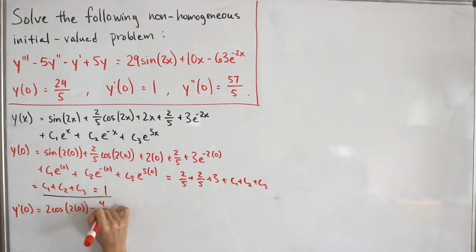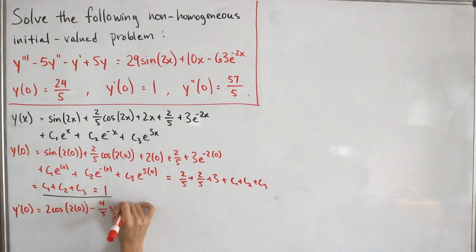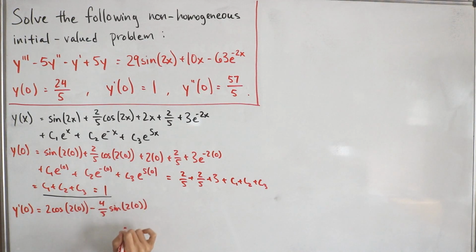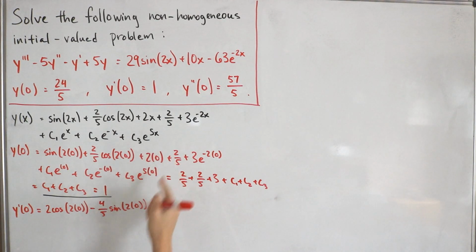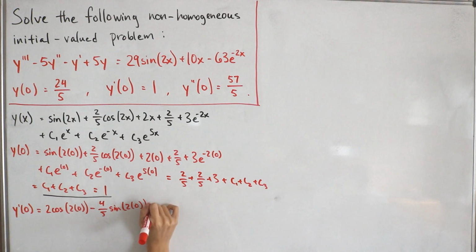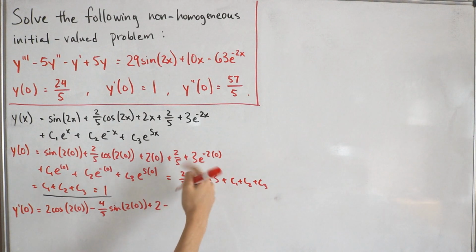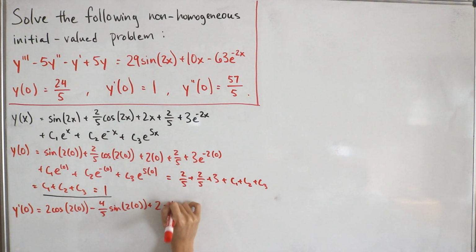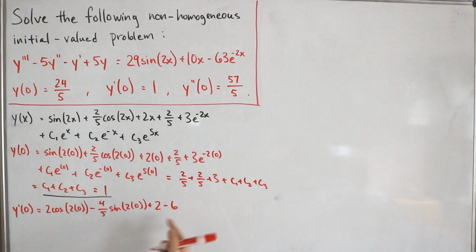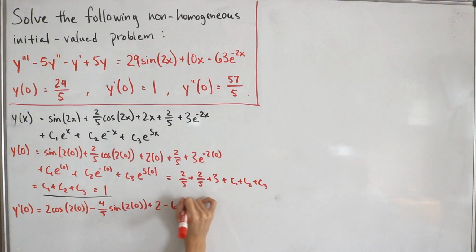So instead, 4 divided by 5 times sine of 2 times 0, then that's just going to go away, and that's going to go away. Well, actually, now this is going to be plus 2, and then over here is going to be minus. So let's see, I have 6, since this is going to be e to the negative 2 times 0, so minus 6 over here. So I'm going to write this out in full.